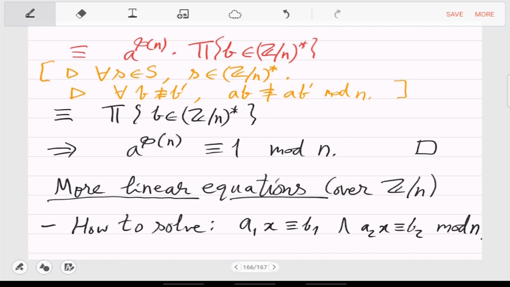So same x, which should satisfy both the equations. So what you have learned is that you will try to invert A1. Right? If you invert A1, then x is B1 divided by A1 mod n. And second thing will give you B2 divided by A2 mod n.